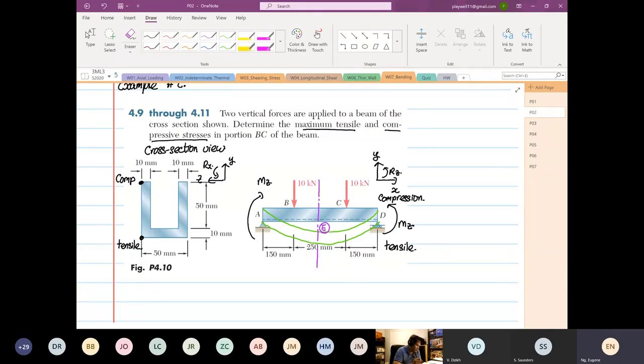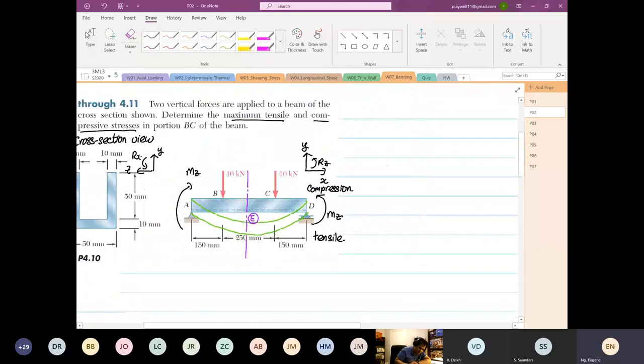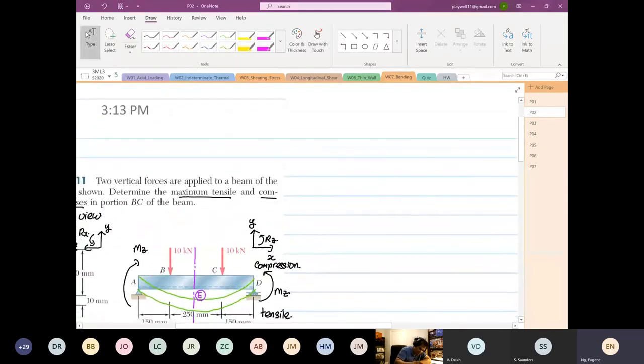Okay, so the objective of this problem. I'm going to tell you my teaching objective. The teaching objective is I want you to construct your free body diagram. Then we are going to look into your bending moment.